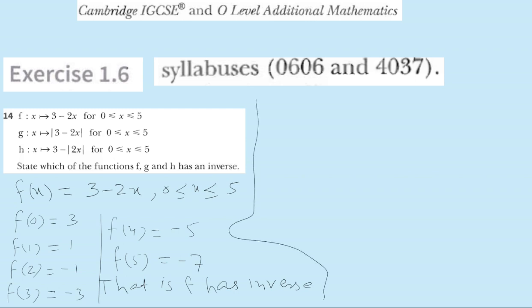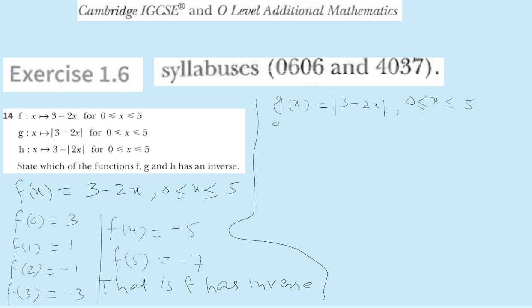Now check the second one. g(x) is equal to the absolute value of 3 minus 2x, and again the domain is 0 to 5.